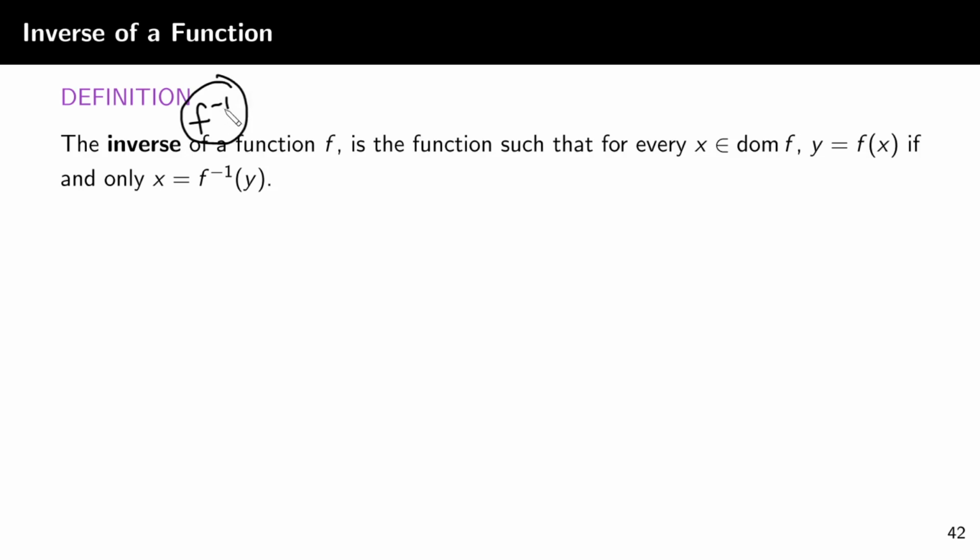Itong -1 dito, that's not an exponent. This negative 1 here denotes the inverse. So we have this relationship, y is equal to f of x if and only if x is equal to f inverse of y. So let's look at some examples.